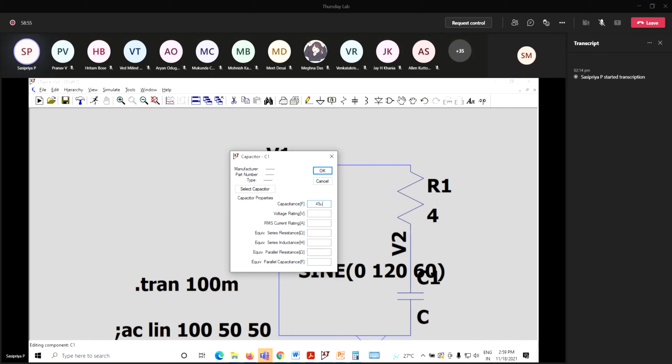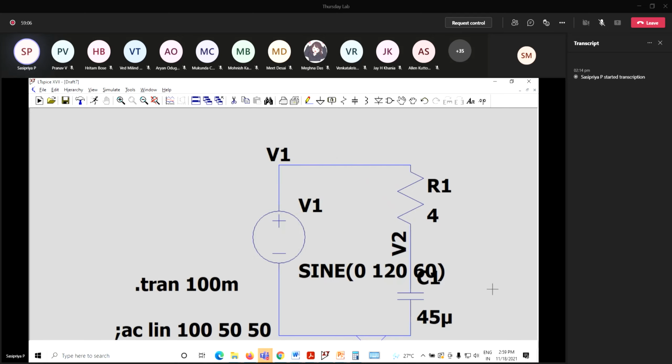The default unit is farad, F. So milli is small m, and micro is U. Okay. So 45 U. So for 60 hertz, probably the period is less than 20 milliseconds.